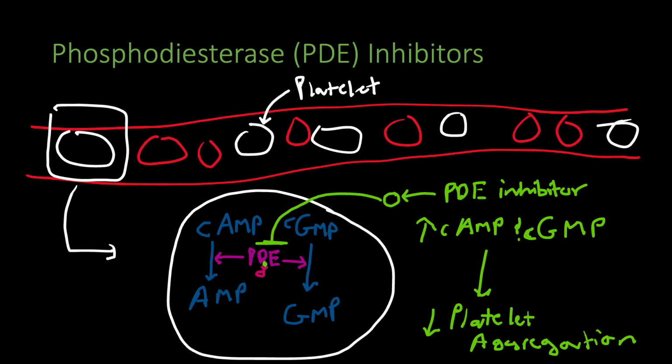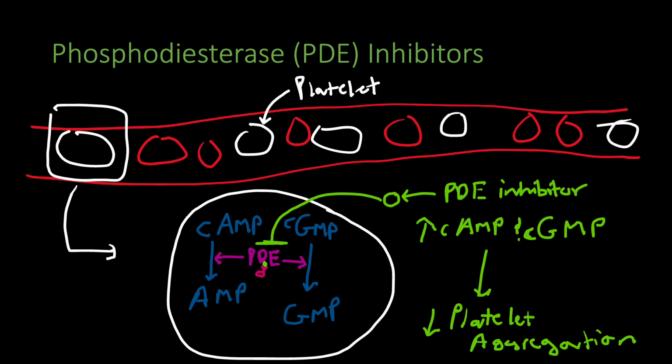And then a PDE inhibitor. This one is interesting as well. This one doesn't work on the surface, it works inside the cell. So you can see here, PDE is an enzyme that's going to break down the cAMP and the cGMP and convert them to AMP and GMP.